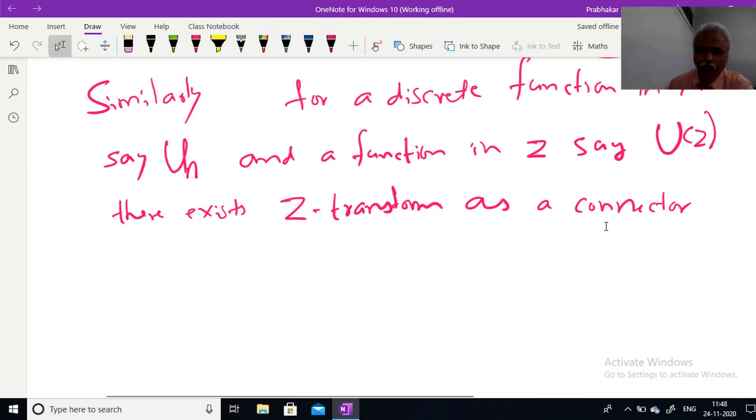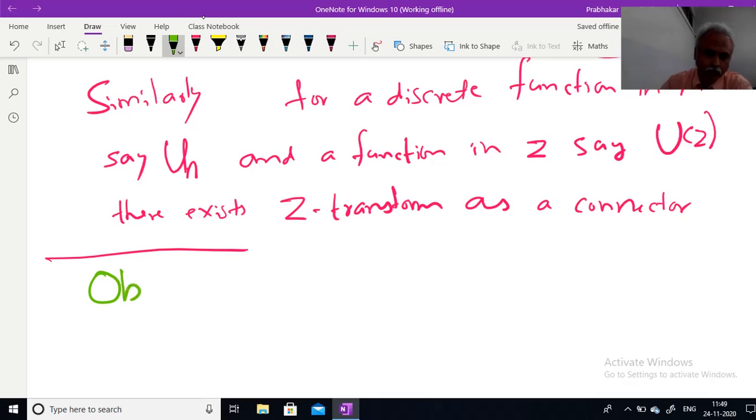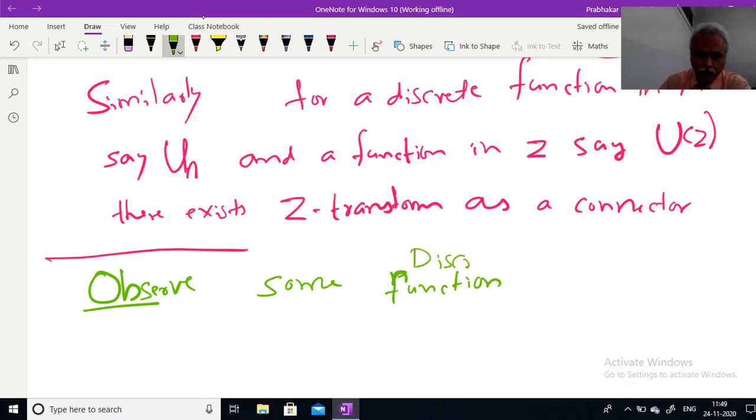So let us see what are some n functions first. Let us observe some functions in the variable n, discrete functions in n. For example, suppose I write un equal to n square.